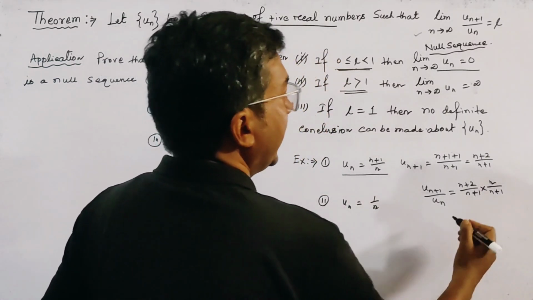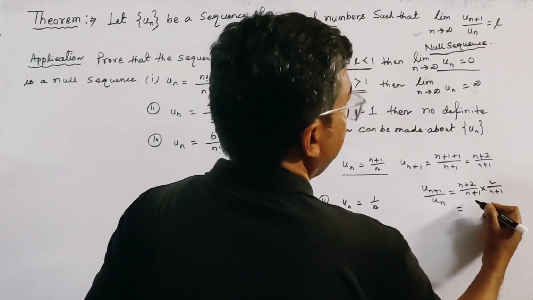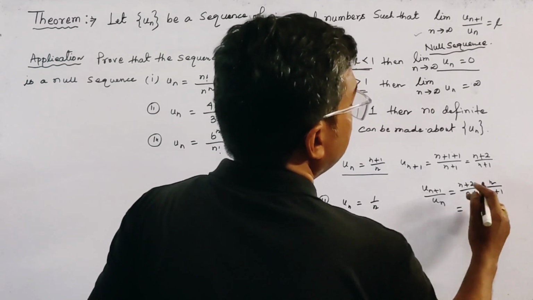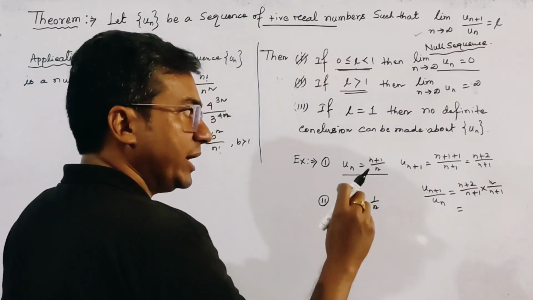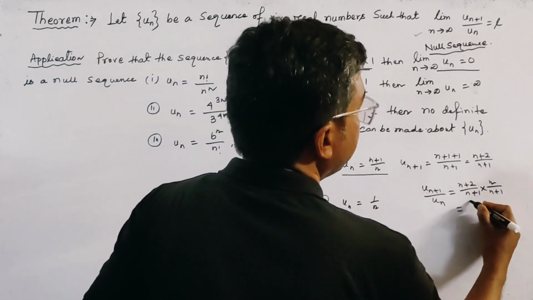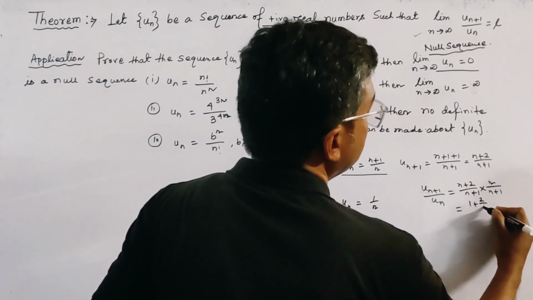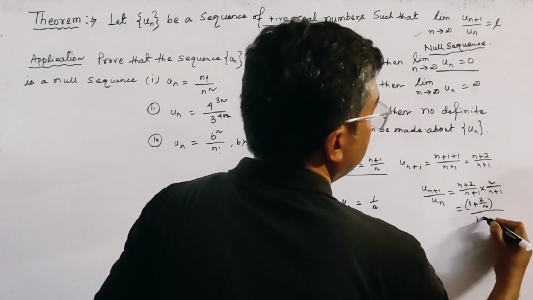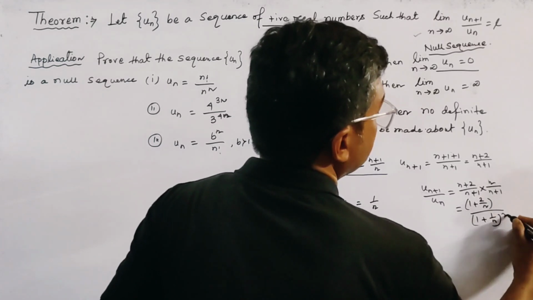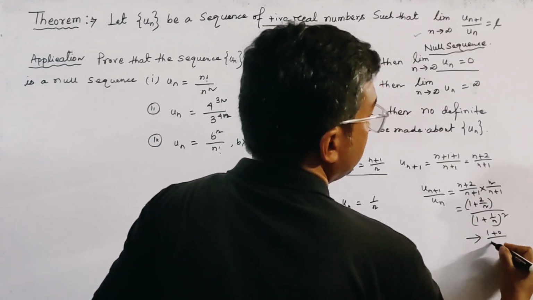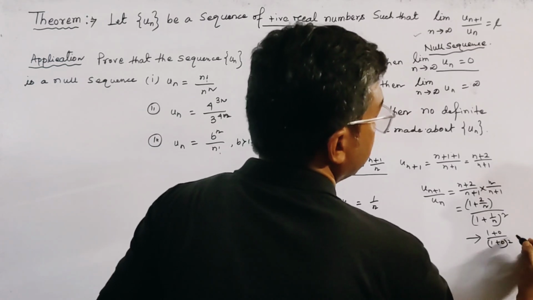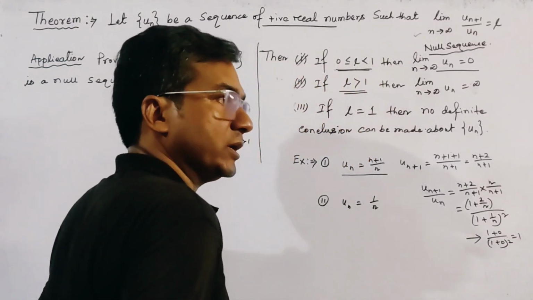Getting the result, if we divide numerator and denominator by n square, we get (1 plus 2 by n) by (1 plus 1 by n) whole square, and clearly this tends to (1 plus 0) by (1 plus 0) whole square, which must equal 1.